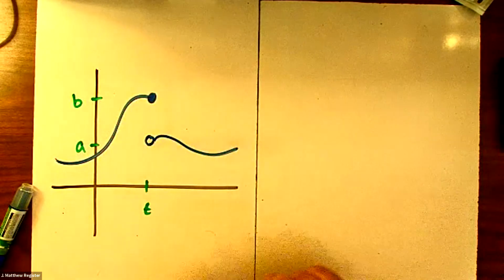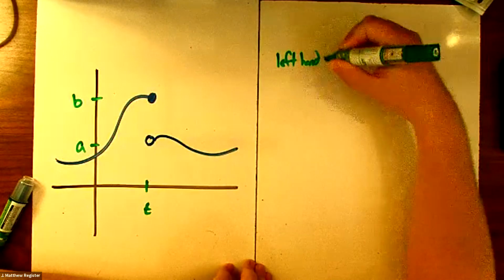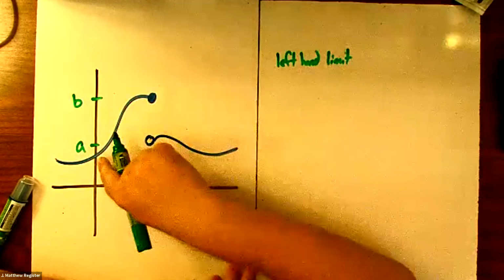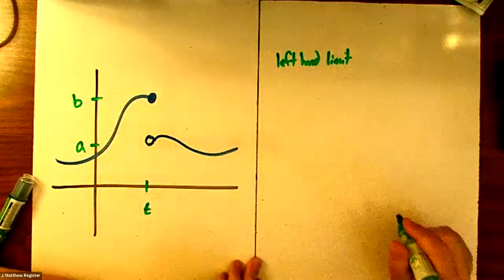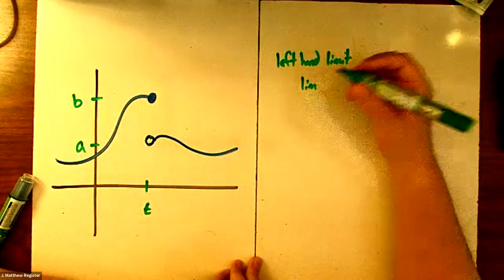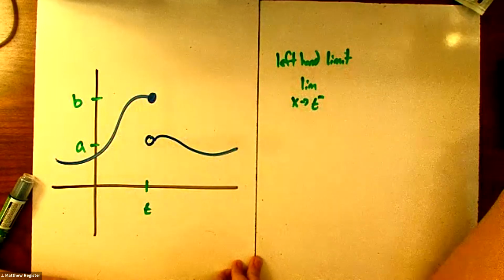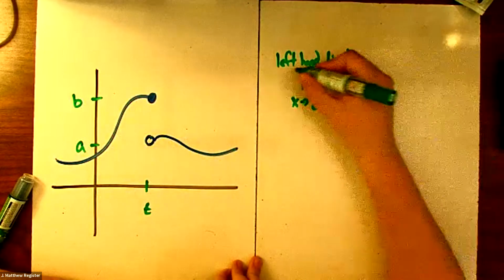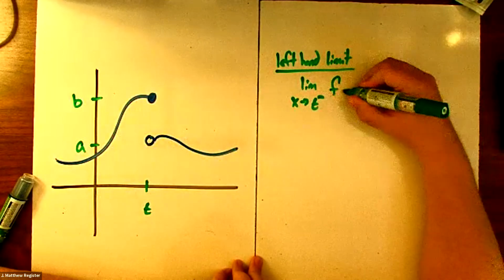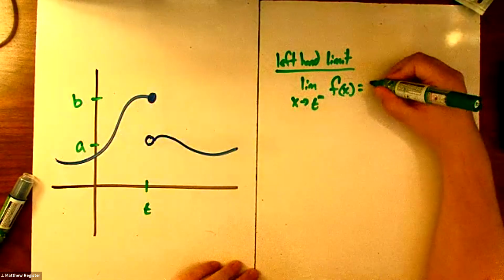Then for the left-hand limit, the left-hand limit is what happens as you are coming from the left side. And so in this case, the limit as x goes to t from the left side, and so we use the minus sign to represent the left side, of this function f of x is going to be equal to the b value.